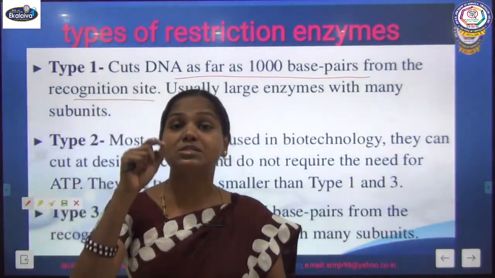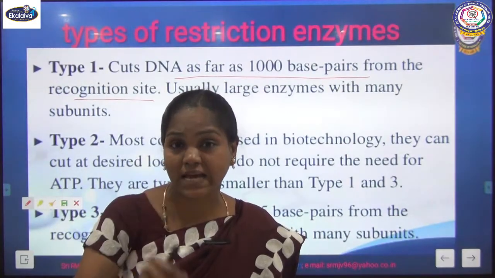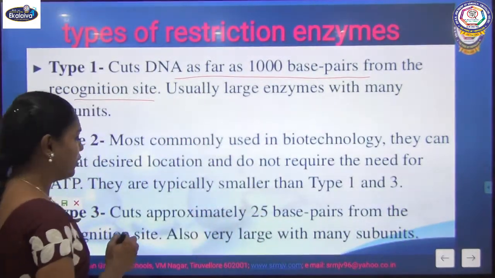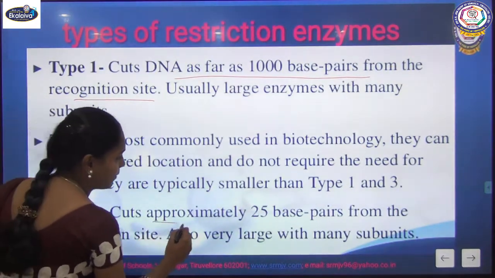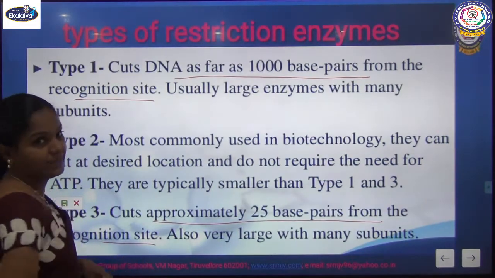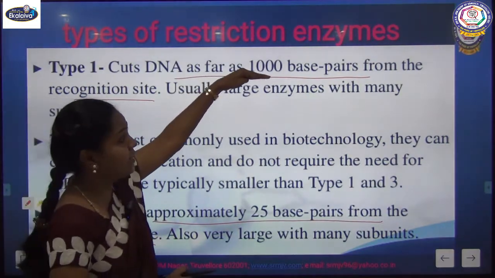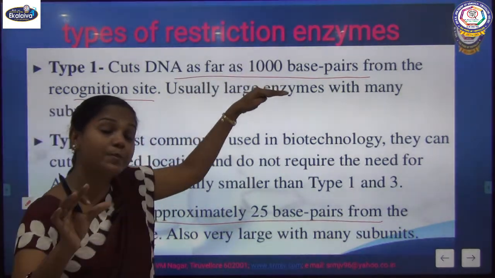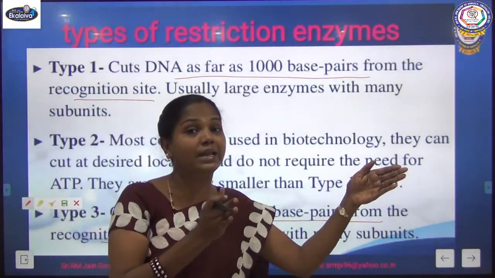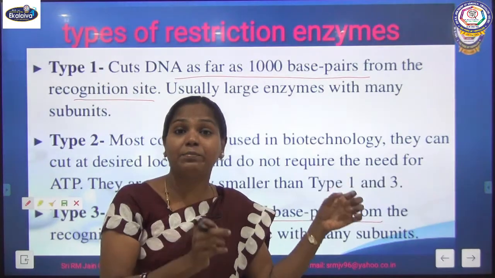They are not specific in their site to make that cut. In the same way, type 3 cuts approximately 25 base pairs from the recognition site. Here type 1 cuts 1000 base pairs from the recognition site, so just imagine the length where it can make that cut.